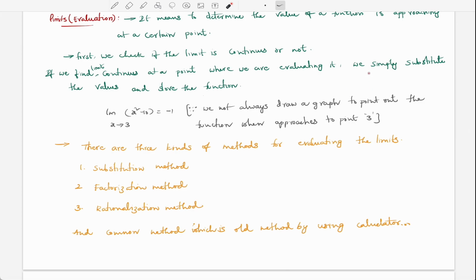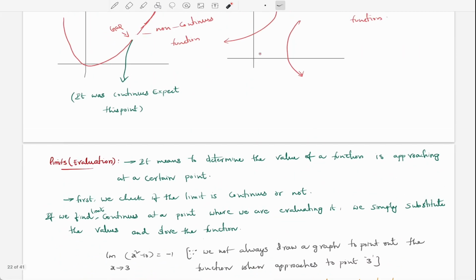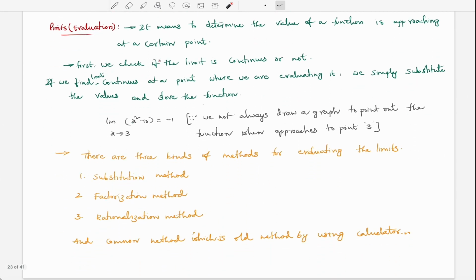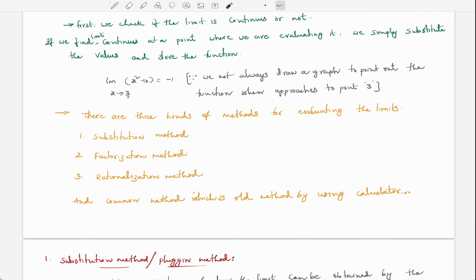If it is non-continuous, then we cannot define the limit this way. You can review in the previous lectures what continuous and non-continuous functions are. It is easy to remember.